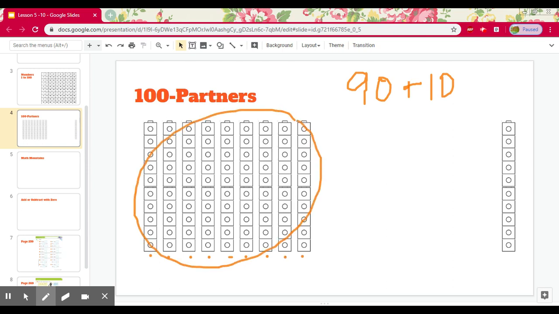We counted by tens up to 90, so we have 9 sticks. Let's count on from here. 90, 100. 90 plus 10 equals 100. 90 and 10 are 100 partners.